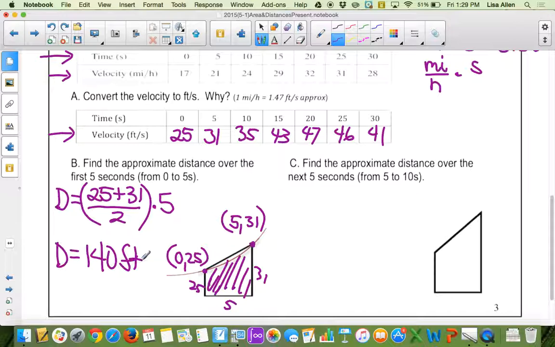Okay, and then finding the approximate distance from 5 to 10 seconds, you might want to pause at this point and figure this out on your own. We start at the point (5, 31) and we go to (10, 35). Pause now and then open it up to see if you got the right answer or not.